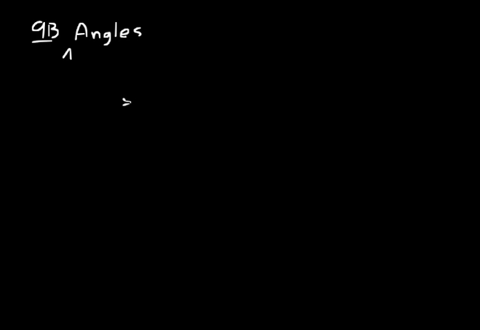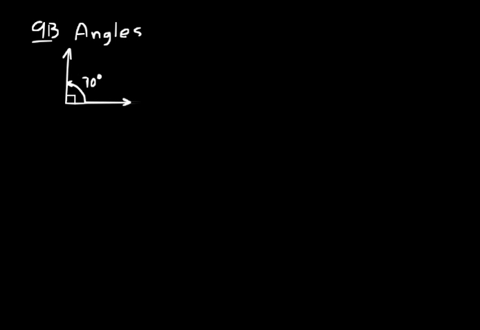One is straight up and down, the other is left and right, or horizontal, and the other one's vertical. We put that little box in the corner to represent that it's a right angle. When you see that little box, that tells you it's a right angle. The measure of that angle is 90 degrees.